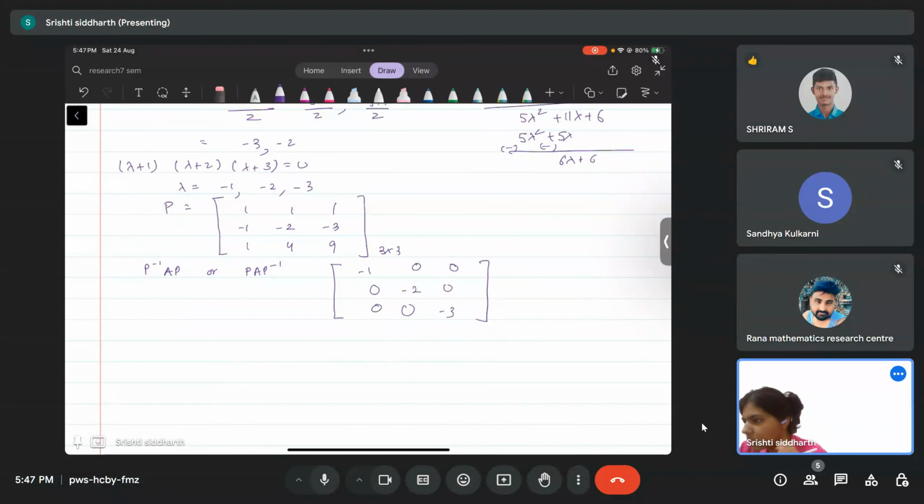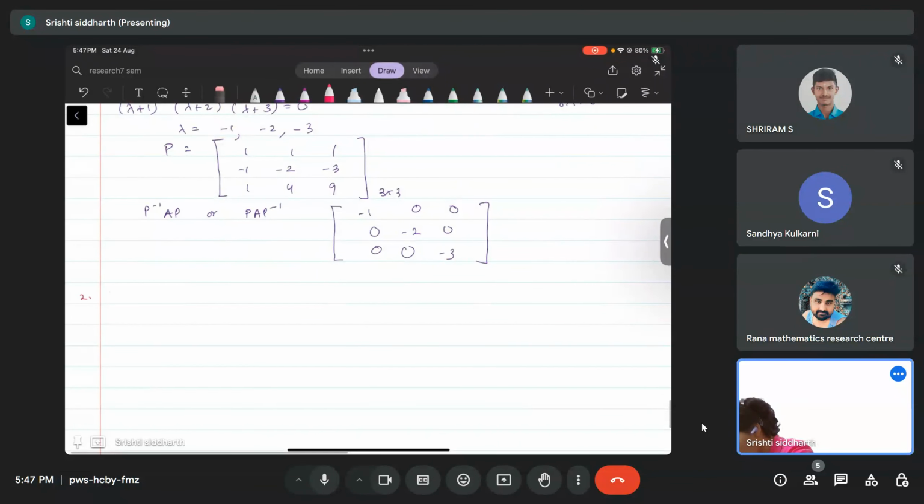Alright, so the next one is the matrix exponential. This is going to be of a similar form to the exponential of a scalar, right?